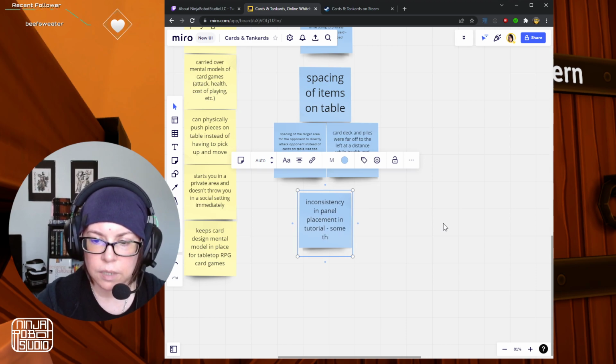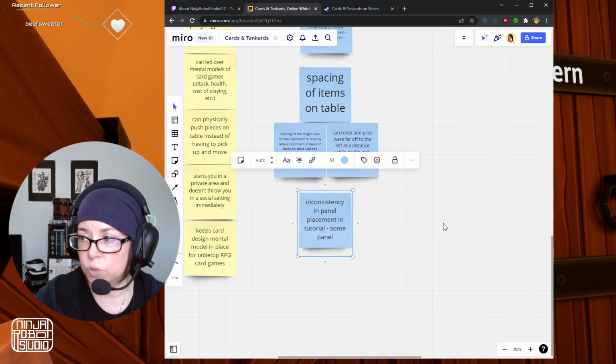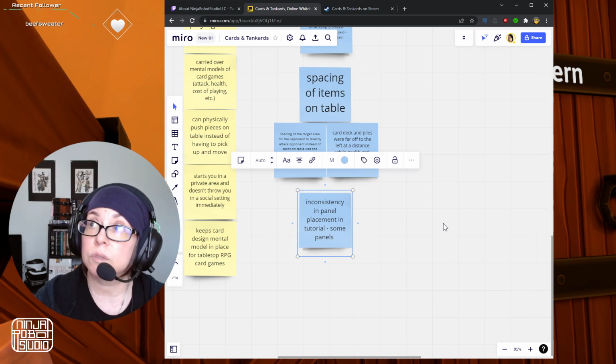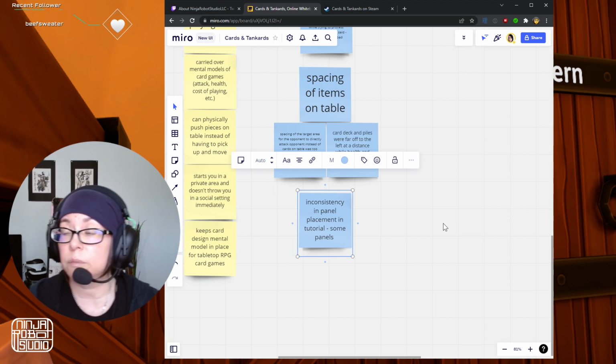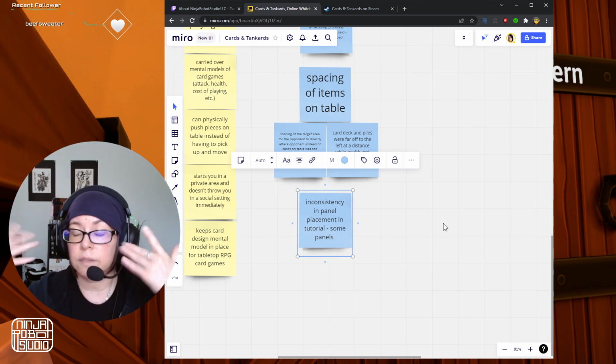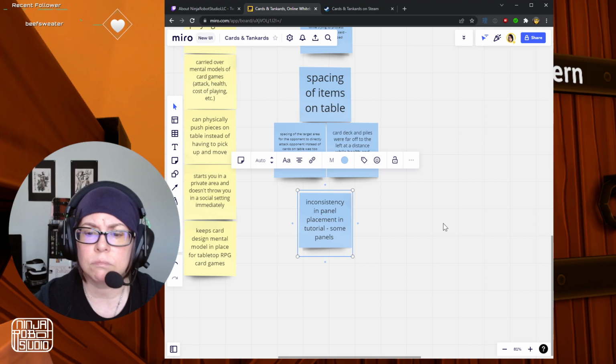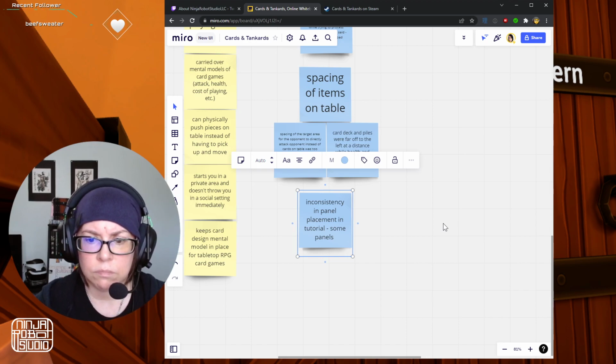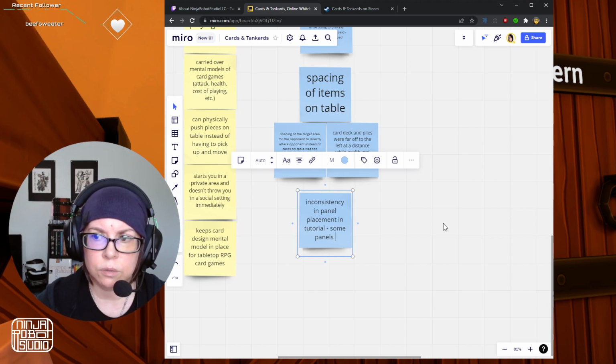Some panels, and I don't know which is which, there may have been a pattern there. Trying to remember, I think that was the pattern: if you're at the table then it was off to the side, but if you're in the room somewhere it's in your face, which is annoying.